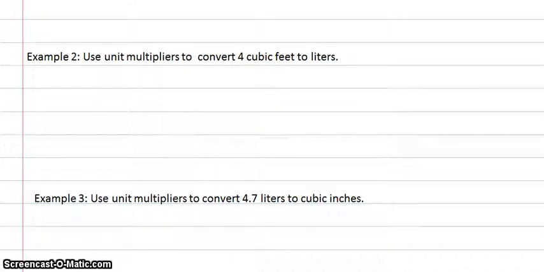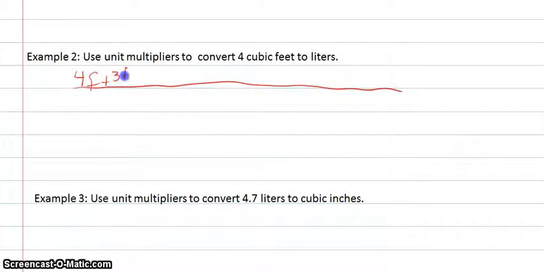In the next example, we use unit multipliers to convert 4 cubic feet to liters. So 4 feet cubed. In 1 cubic foot, we have 12 cubed to get inches cubed, because there's 12 inches in 1 foot.